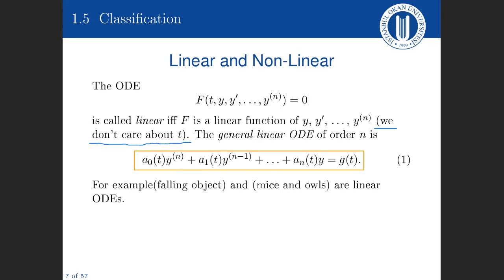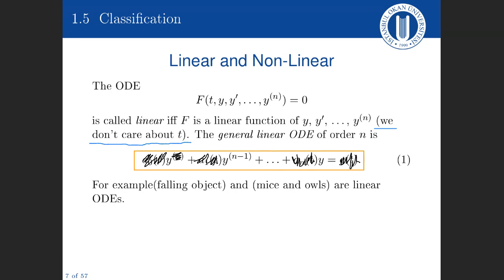Another way to think about this is, let's cross off all the functions of t. We don't need to worry about these, so just pretend these are not there. Cross off all of these functions of t. We're going to forget about these. We're also going to cross off all of the derivatives of y.